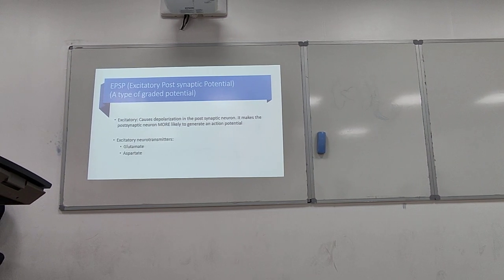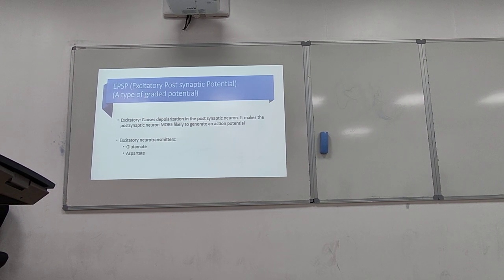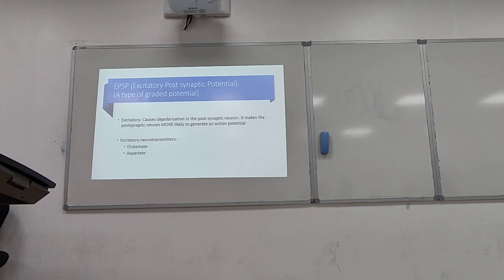So there are two types of potential. If there is excitation in the second neuron, this is called excitatory postsynaptic potential. Can you give an example of some neurotransmitters which are excitatory? Now this is a short answer question and this is MCQ.